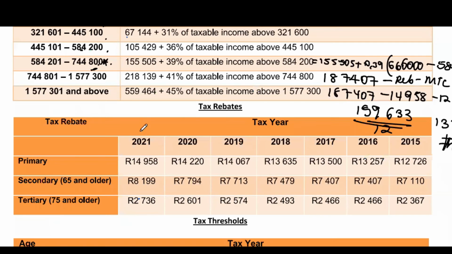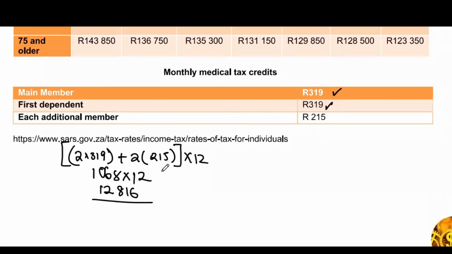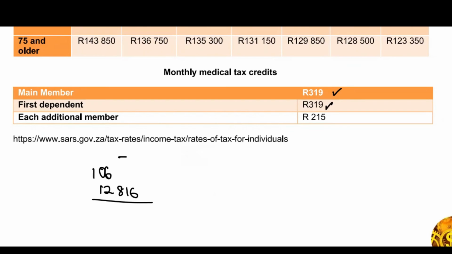We said there are 3. Two people will share the same amount. Remember how we did this? The first 2 people will share the same amount, and the last one will take 1 amount. Don't forget, we need to multiply it by 12.